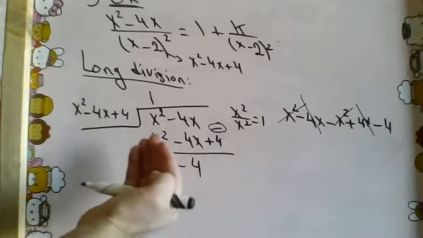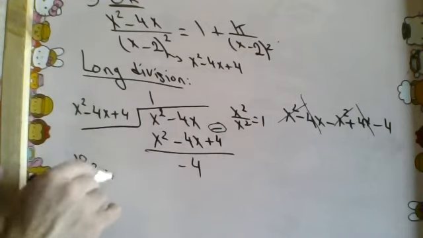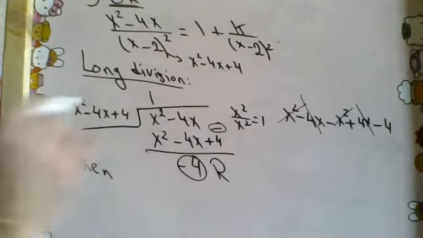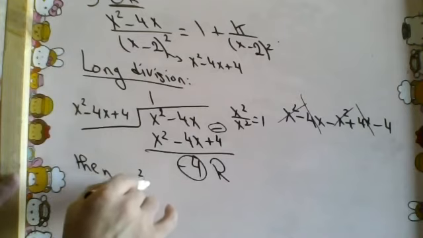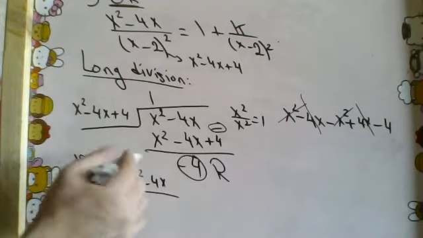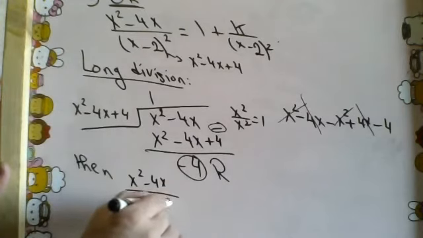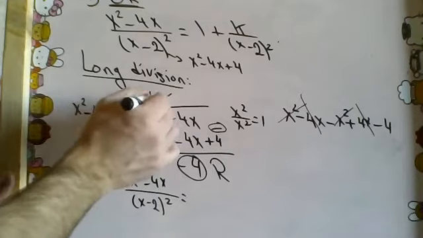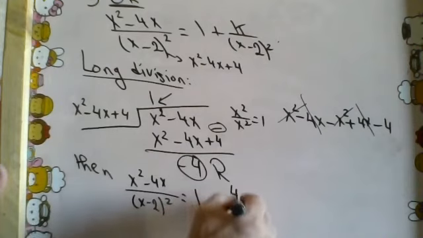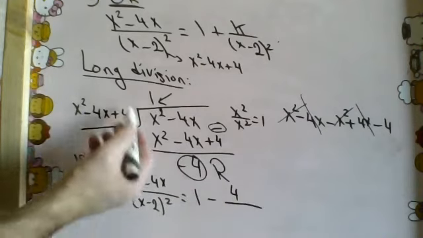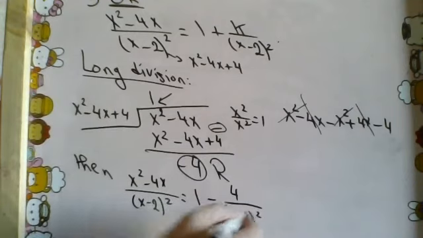Now, how to write the answer? This is the remainder. You write x squared minus 4x over x squared minus 4x plus 4, which is x minus 2 squared, equal to the quotient, which is 1, plus the remainder, negative 4, over the divisor x minus 2 squared.